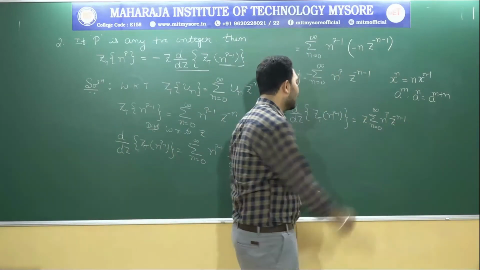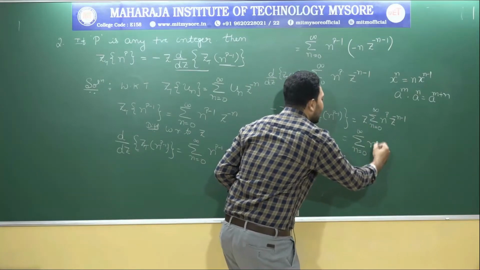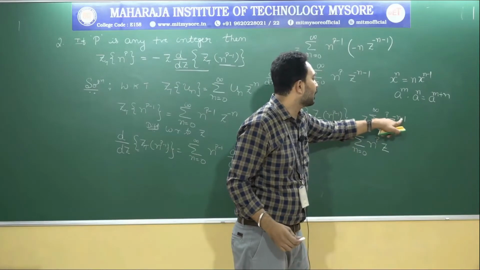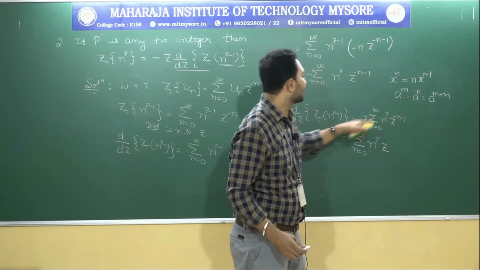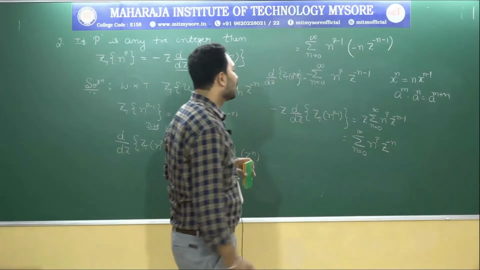Multiply this z inside, we'll get summation n equals 0 to infinity n power p into z power 1 times z power minus n minus 1; z power minus 1 and plus 1 will cancel with each other. So we'll get z power minus n.